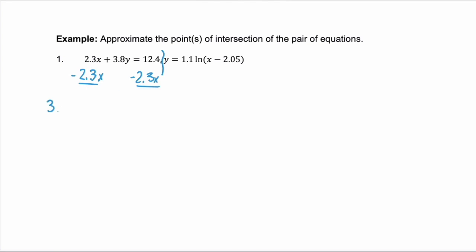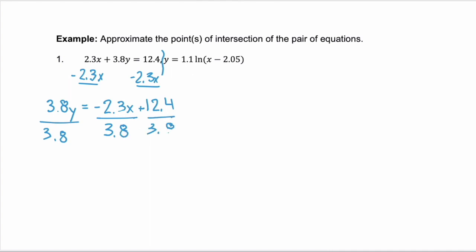That'll give us 3.8y equals negative 2.3x plus 12.4. We need to divide everything by 3.8 in order to get y isolated, right? We need y isolated because that's how you enter it into your calculator.